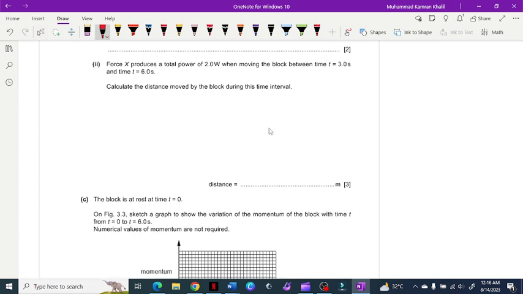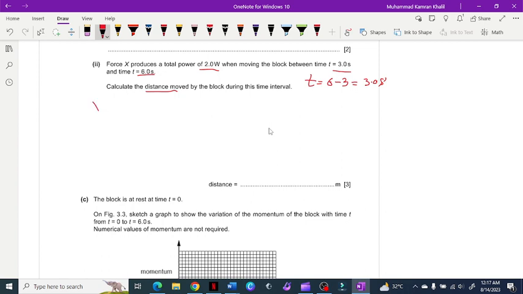The power is given. Then the two times are given, 3 and 6. So again 6 minus 3 will give us 3.0 seconds. So this is the time which we have. He is saying that calculate the distance moved.